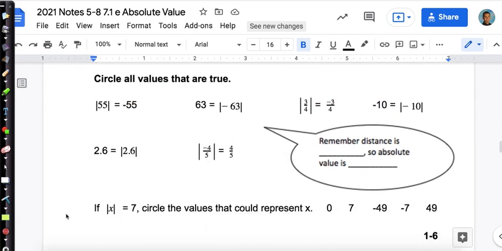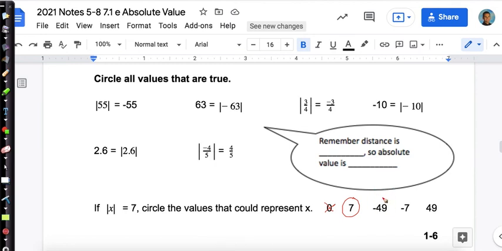It says, if the absolute value of x equals 7, circle the values that could represent x. So what I'm going to do is take this number and put it into here. The absolute value of 0 is 0, so I'm not going to choose that one. The absolute value of 7 is 7 because it's 7 places away from 0, so I would circle that one.